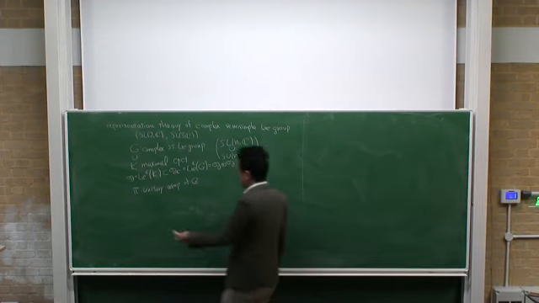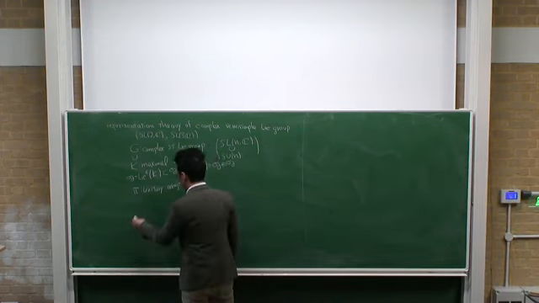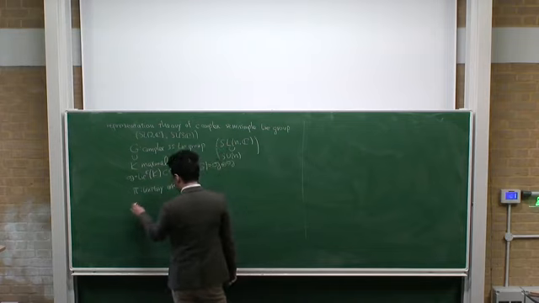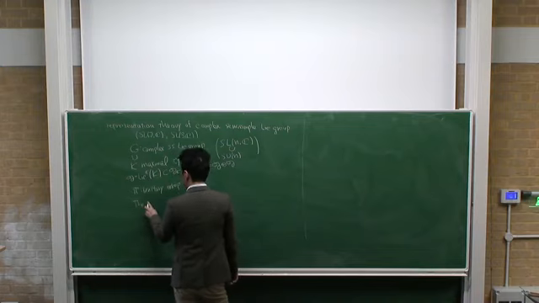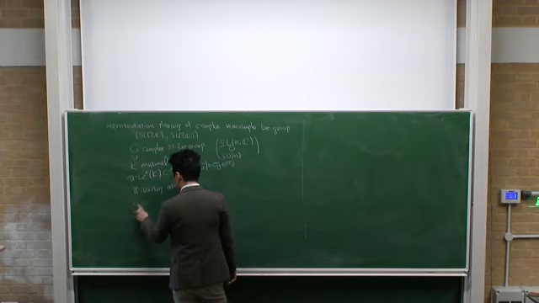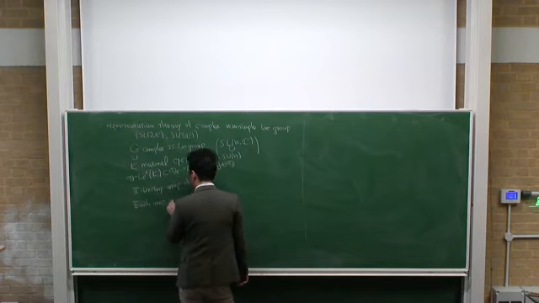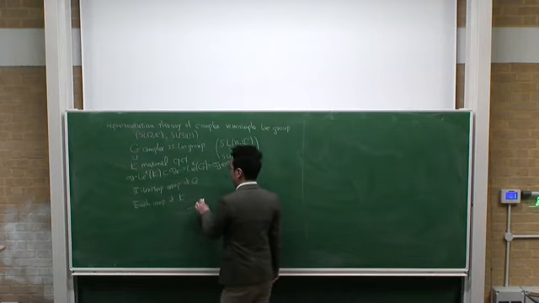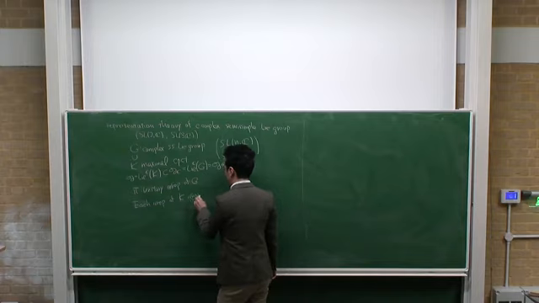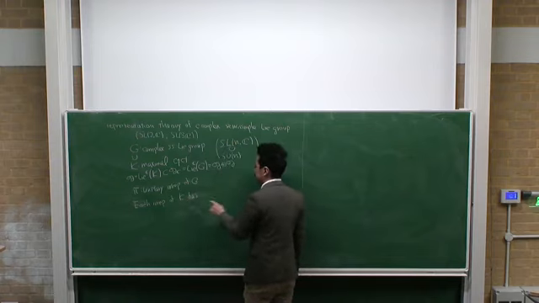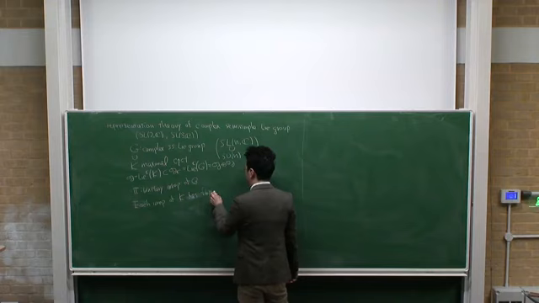Then one important theorem, by I guess Harish-Chandra, is that each irreducible representation of K that arises in pi restricted to K has finite multiplicity.